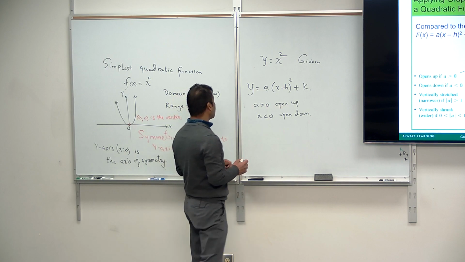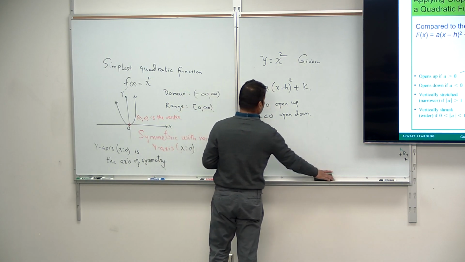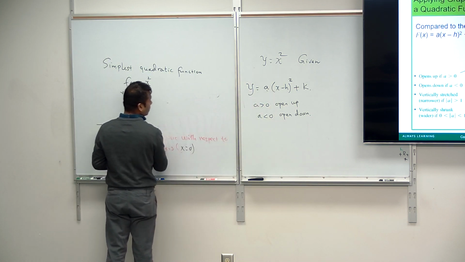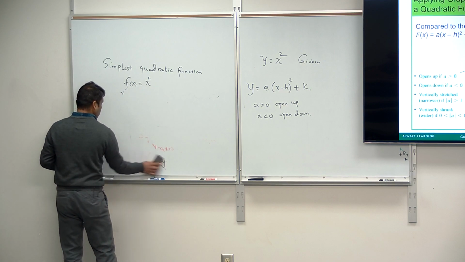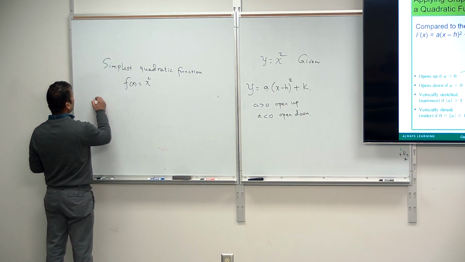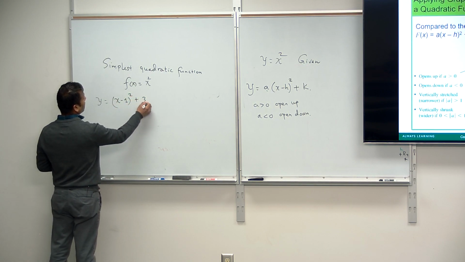So what I'm saying is, let's say you have a parabola y equal to (x minus 1) squared plus 3 in this form, right?